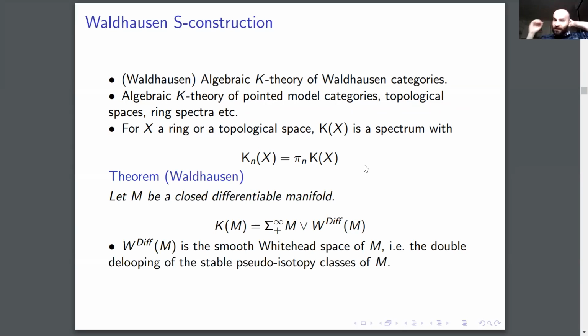And this was the application of Waldhausen's algebraic K-theory definition for topological spaces. So Waldhausen comes up with this S construction, which is very general, but the reason is that he just wanted to define algebraic K-theory for topological spaces.